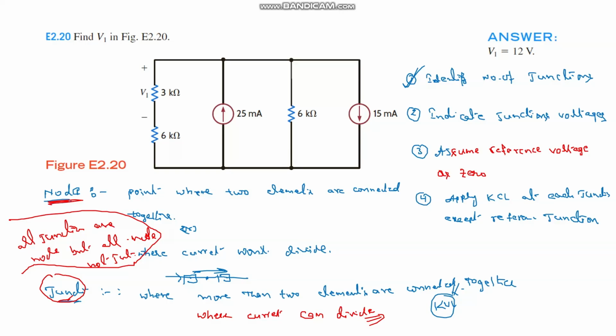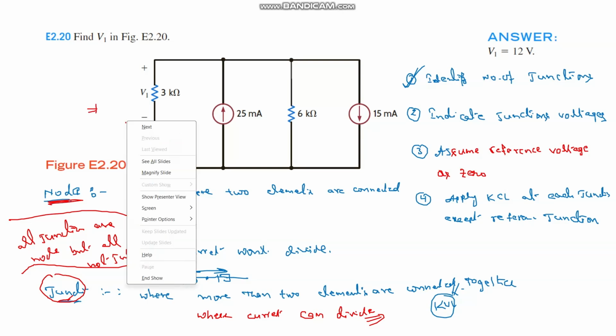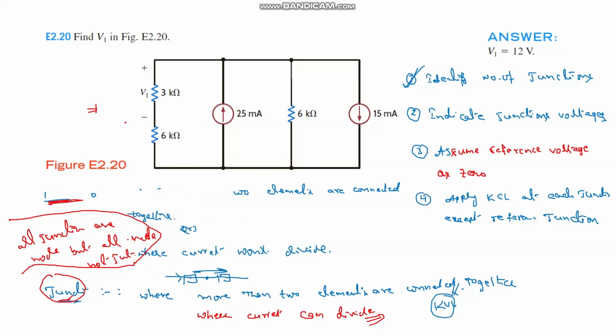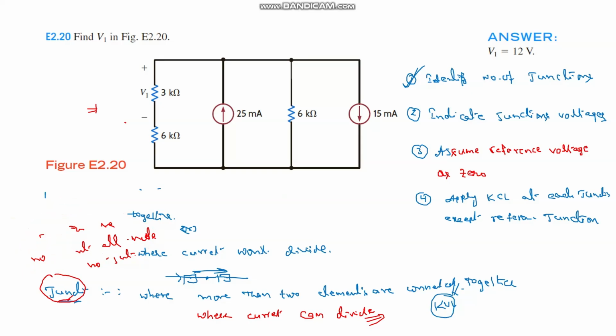Now we have to identify the number of junctions and nodes in the given circuit. Try to understand how to identify them in any type of circuit.